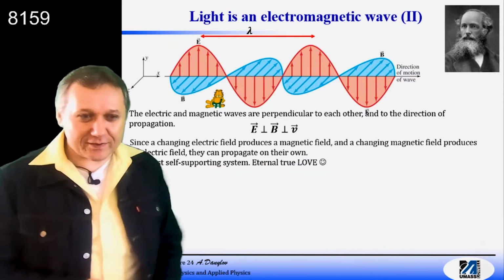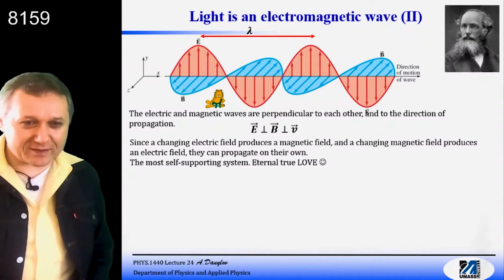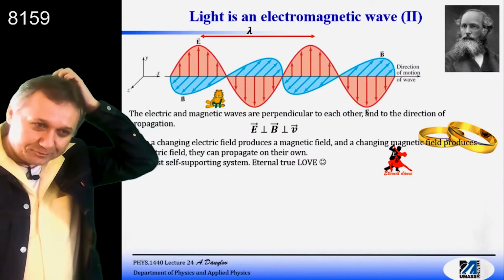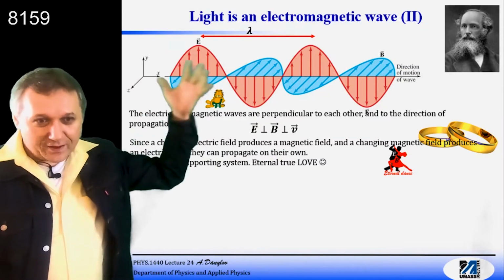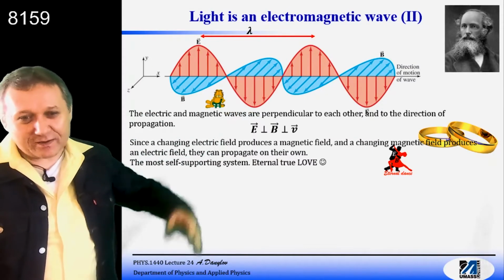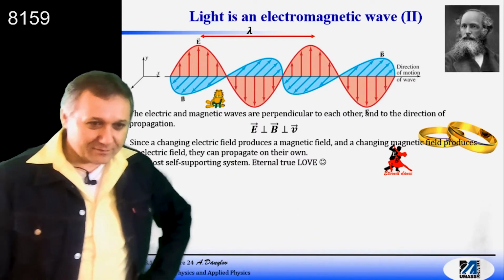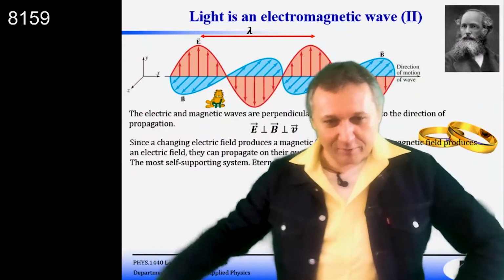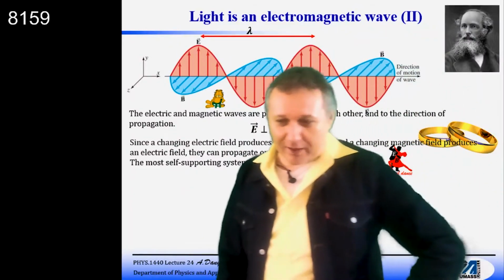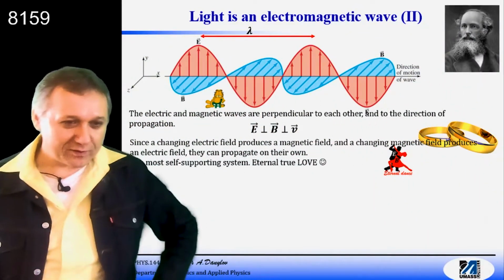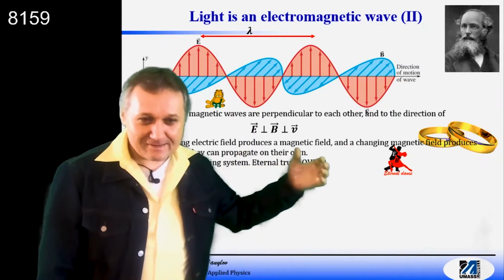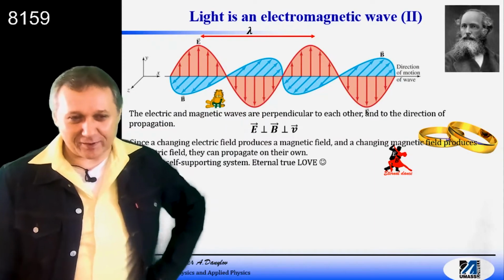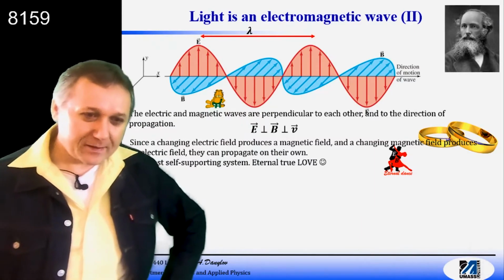The happiest couple, right? And they will never split up. They all the time travel together. It's not like in our life, you're not making me laugh anymore, I'm leaving you. Okay, this is, in my opinion, the most amazing system, the electromagnetic wave.